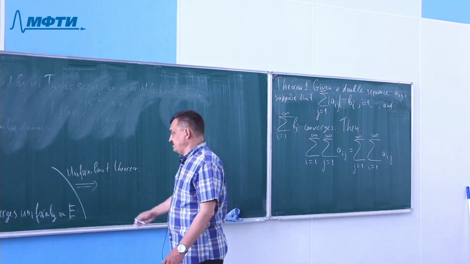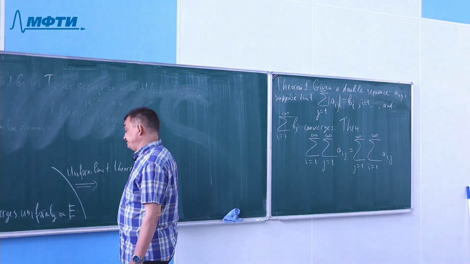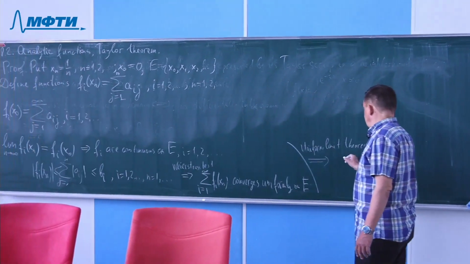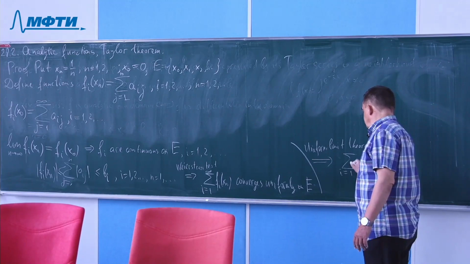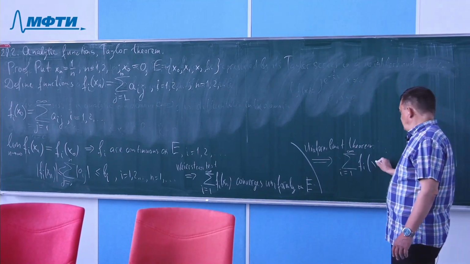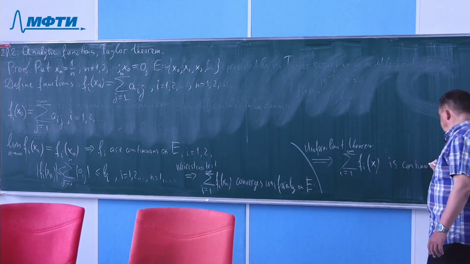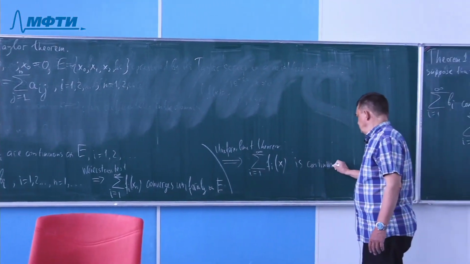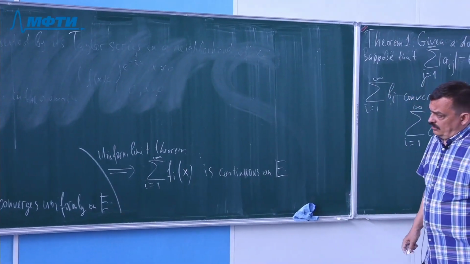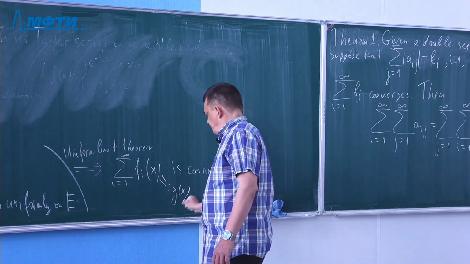So the uniform limit theorem says that the sum of this series, the sum of f_i of x, is continuous on E. Let me denote this sum by g of x.